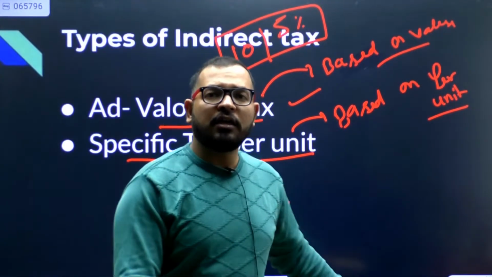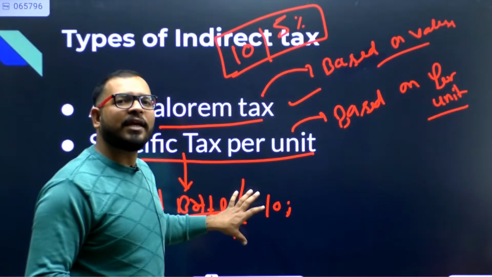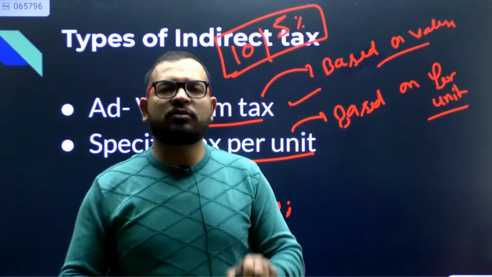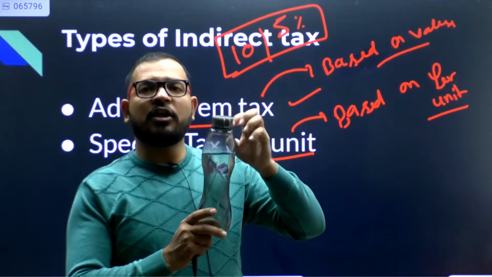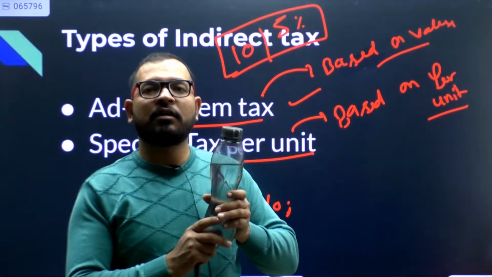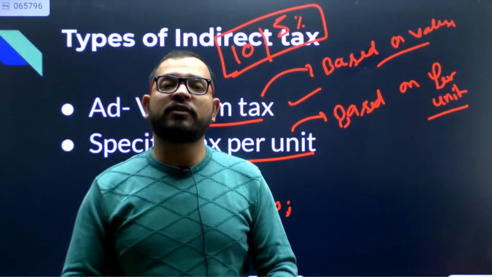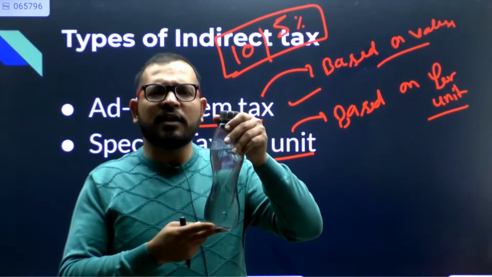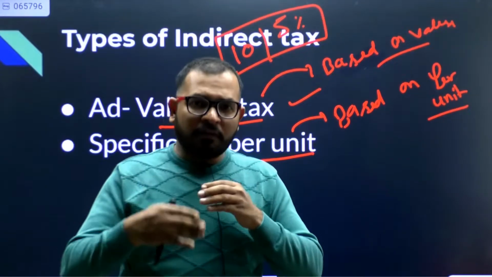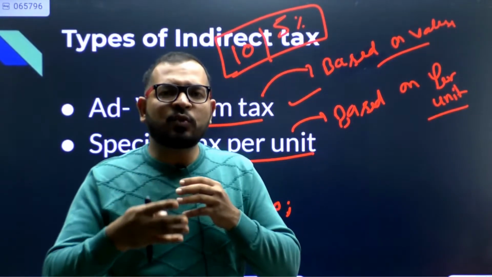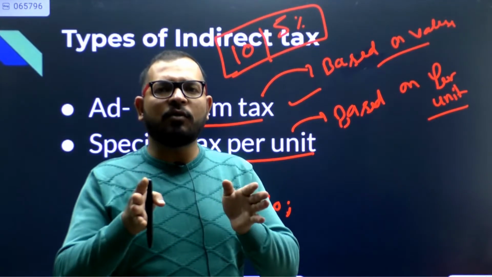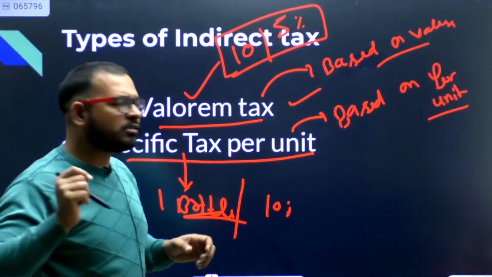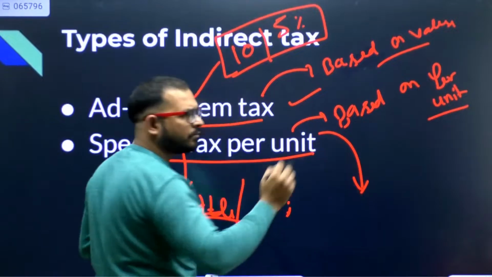So here the administrative cost is very high, because let's say someone says, okay, I have sold 3 bottles of plastic, but actually he has sold bottles of steel. A steel bottle has a higher value, and a plastic bottle has less value. Whenever you are selling a steel bottle, it has to be taxed much more because it has much more value. So this can be categorized, but here it is very difficult.